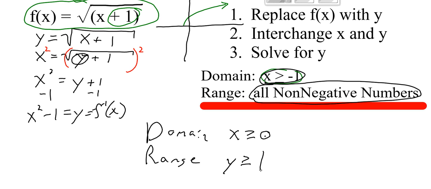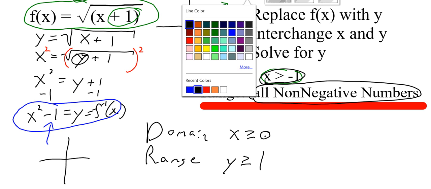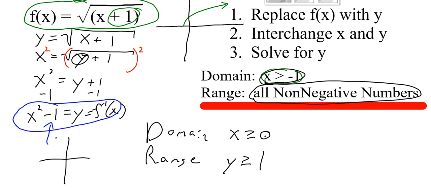Because if you think now about our translation of our inverse, now we're talking about a parabola. That horizontal is now a vertical translation. This goes down 1. So when that parabola goes down 1 in our graph of our parabola, our range has to be greater than, I missed my negative, right?